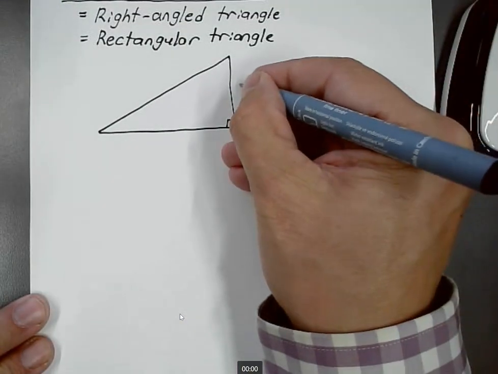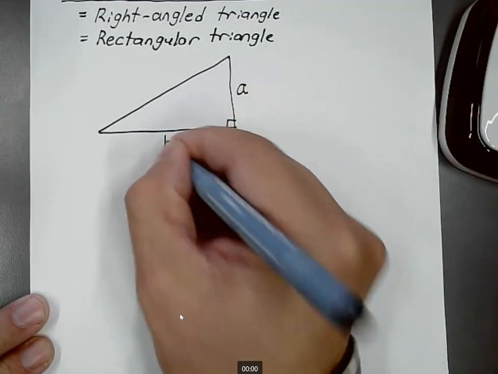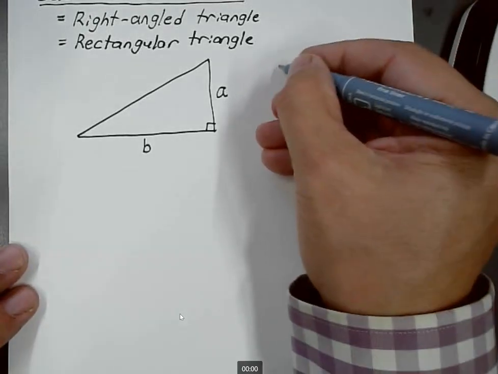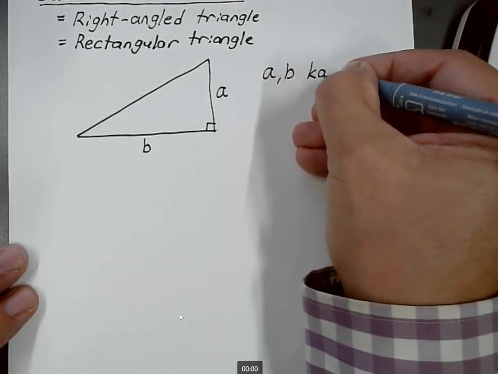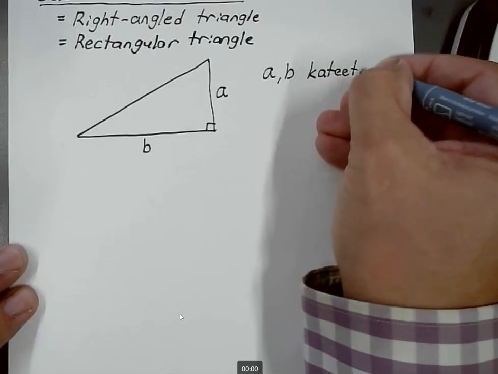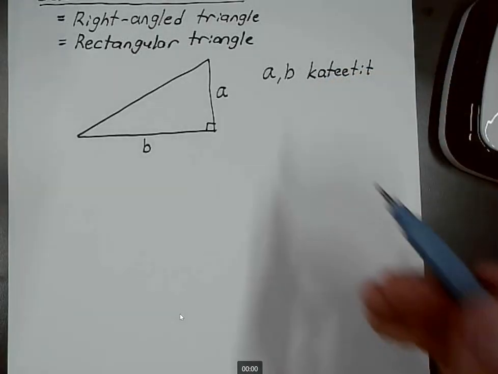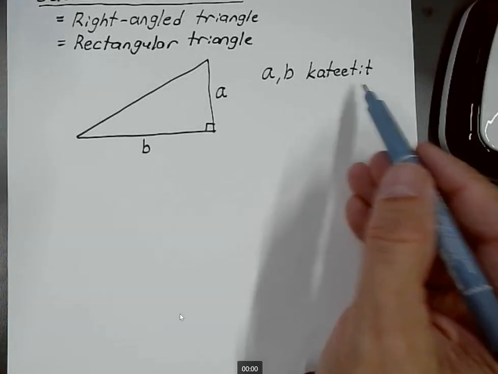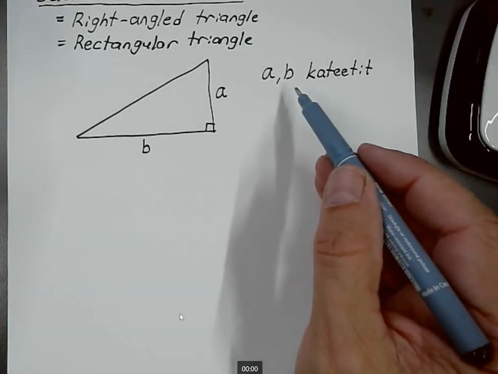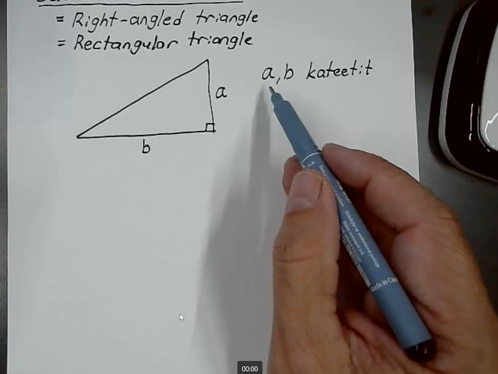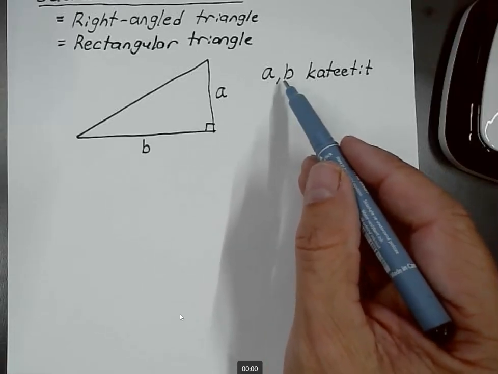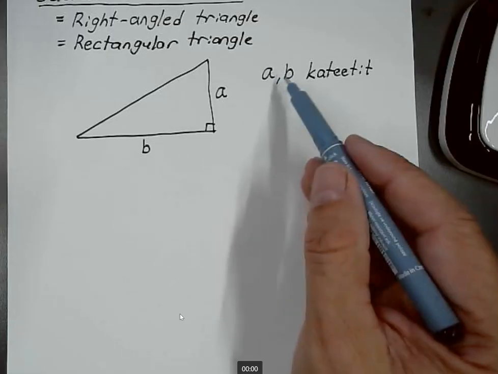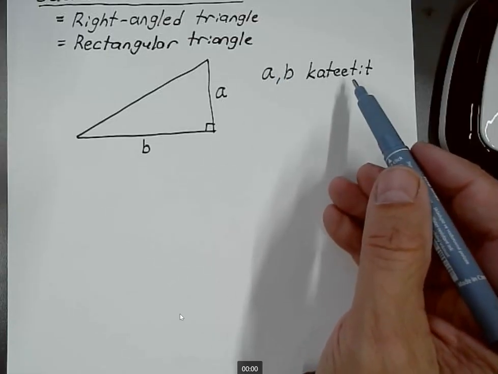So if I have here A and here B, A and B are kateetit, or this is A is kateetti and B is kateetti, but if there are 2 of them, they are both called kateetit.